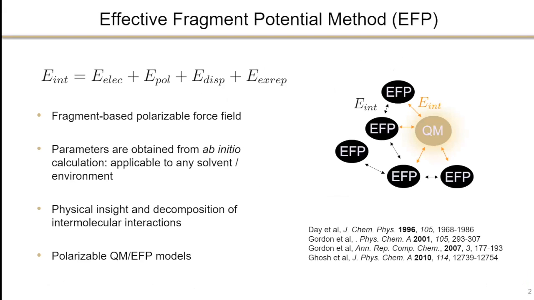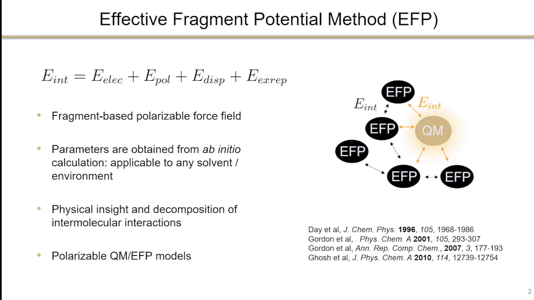In theory, this method can be applicable to any solvent or environment. By using this method, we can gain some physical insight on the composition of molecular interactions. This can be used as polarizable embedding, so it is included in the polarizable QM-EFP models.